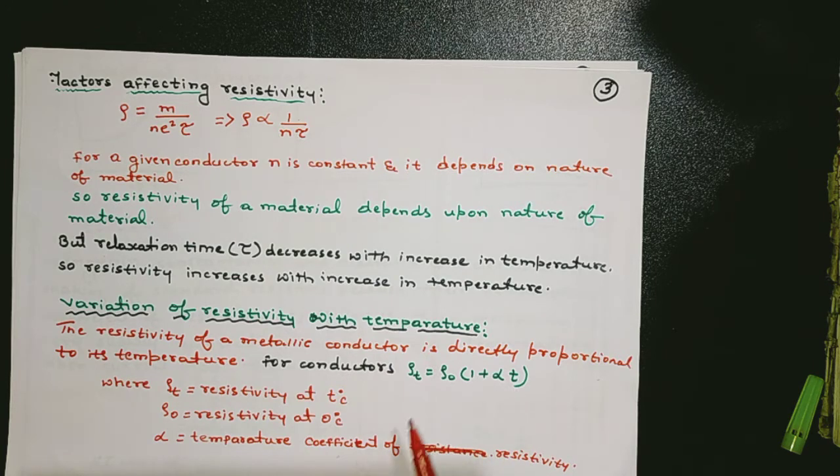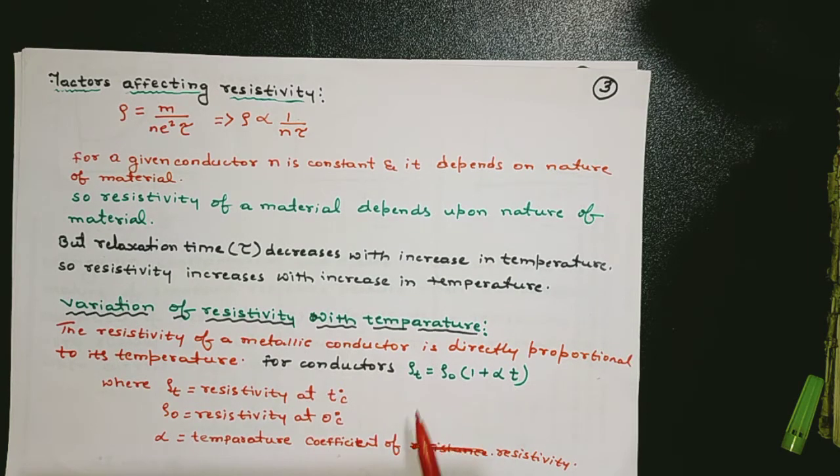Here rho suffix T represents the resistivity of the material at some T degree Celsius. Rho naught represents the resistivity of the material at 0 degree Celsius. Alpha is what is called as temperature coefficient of resistivity, and T is the temperature at which the property of the material is being studied.